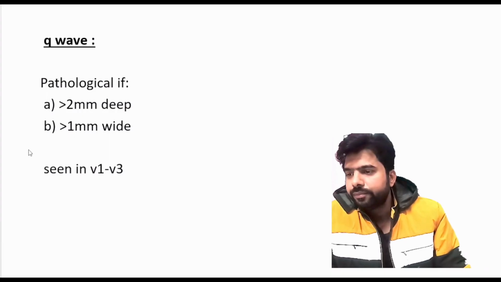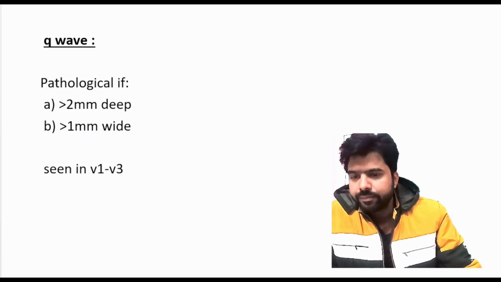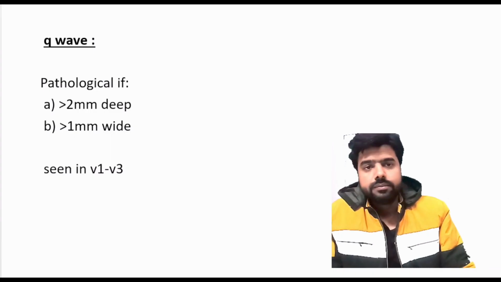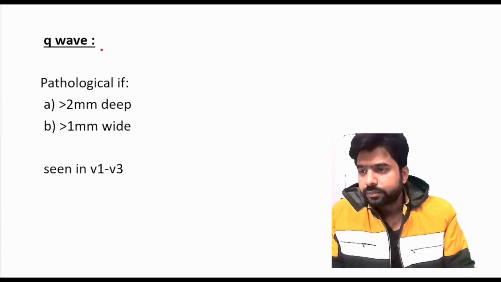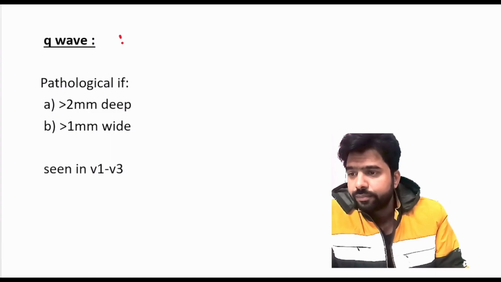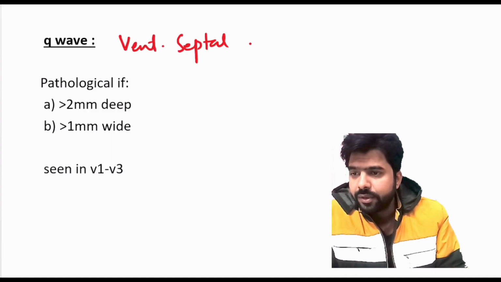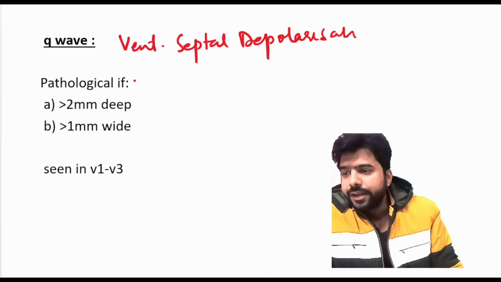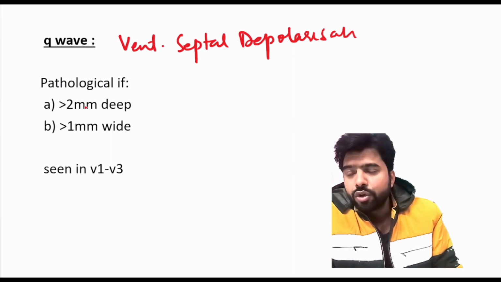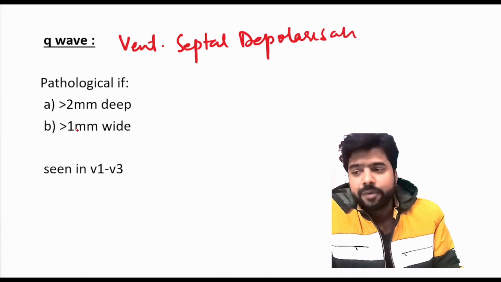Now Q wave. Q wave occurs due to ventricular septal depolarization. It is considered pathological if it is more than 2 mm deep and more than 1 mm wide.